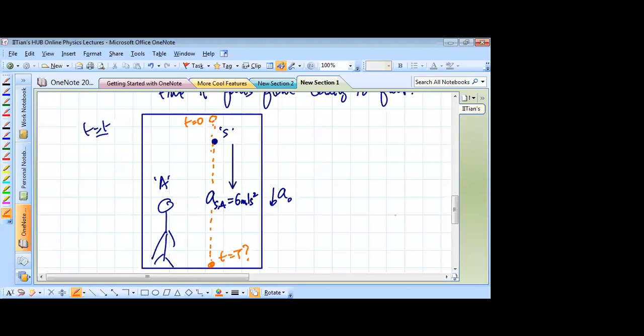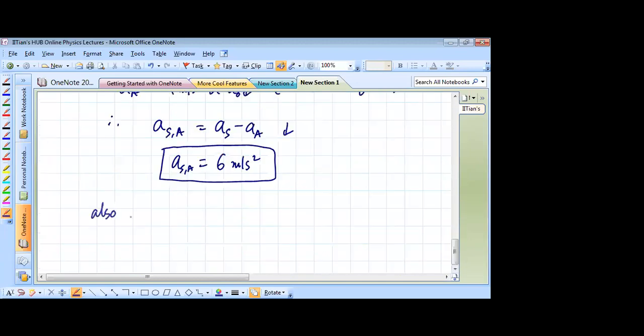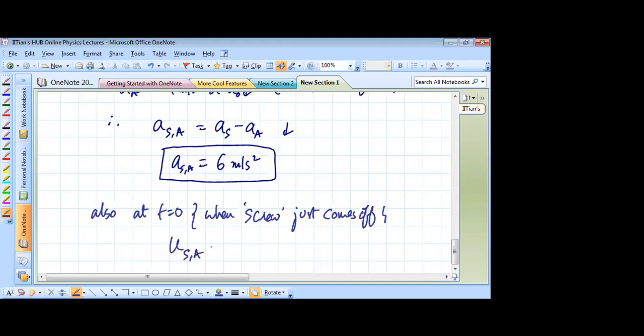Once again, you can see in terms of relative motion, it's very easy to understand that at t equal to 0, when the screw just comes off from the ceiling, at that moment the initial velocity of the screw with respect to E will be 0. Why? Because the screw was fixed on the ceiling.